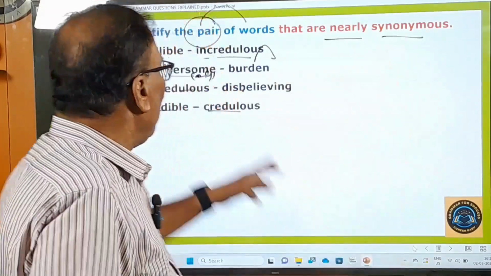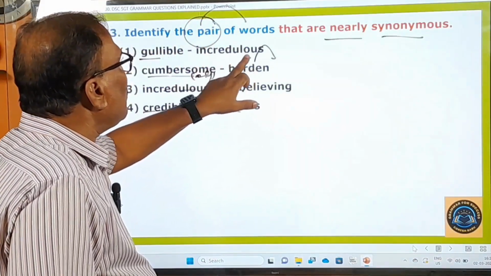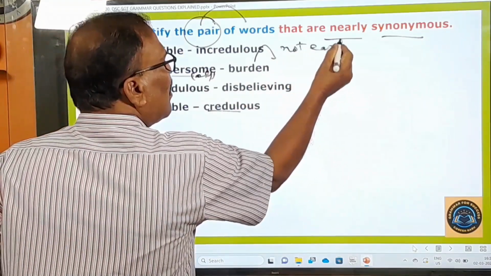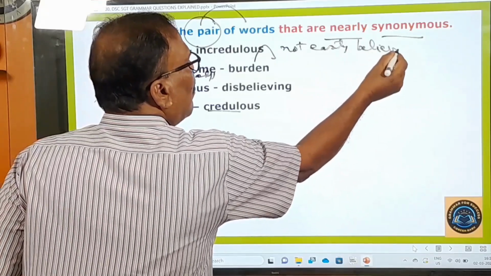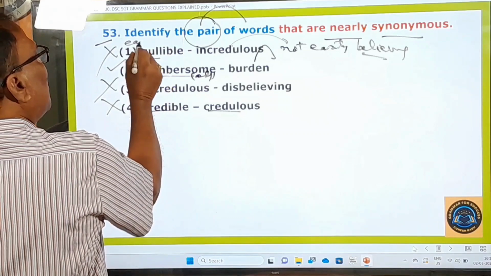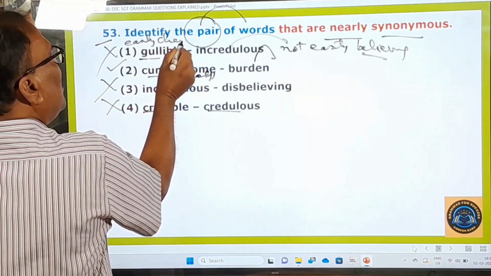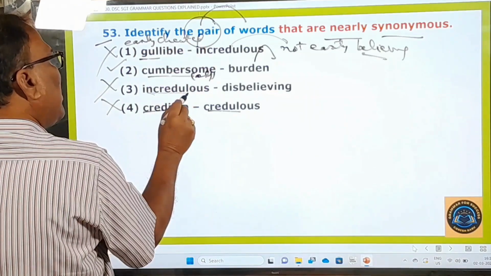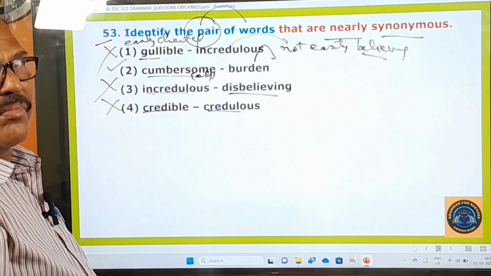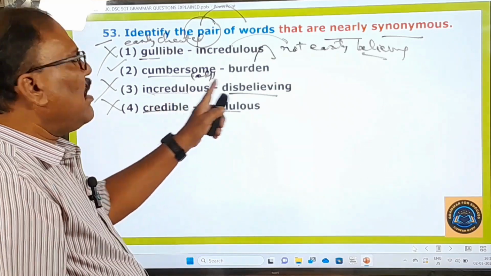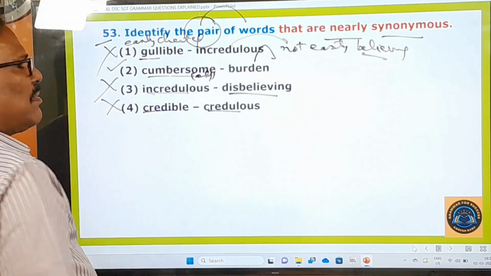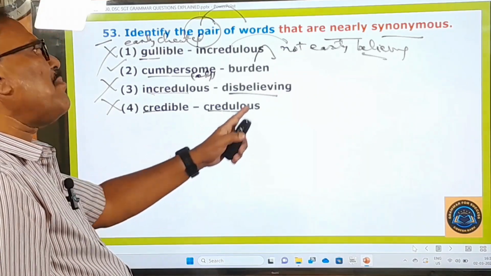So gullible means easily cheated. Incredulous means not easily believing, disbelieving, unbelieving. Credible means trustworthy. Credulous means easily believing.